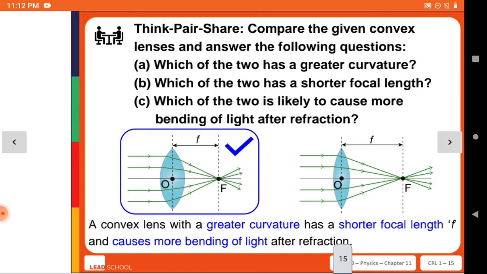The one with greater curvature has the shortest focal length. So you have to compare these two images, and after that decide which has the greater curvature. The convex lens with greater curvature has the shortest focal length, because of more bending of light.